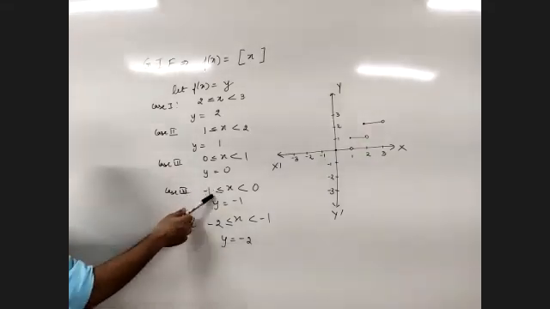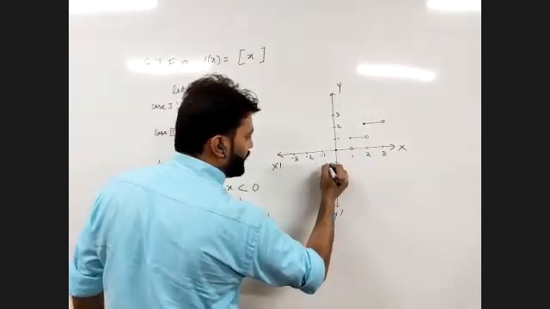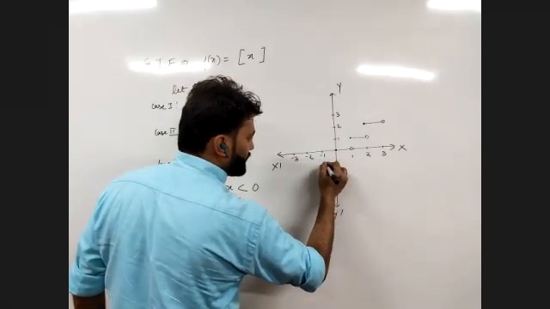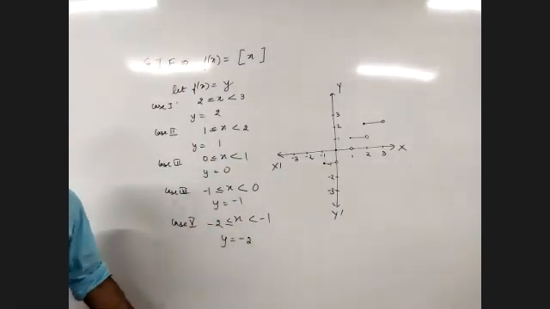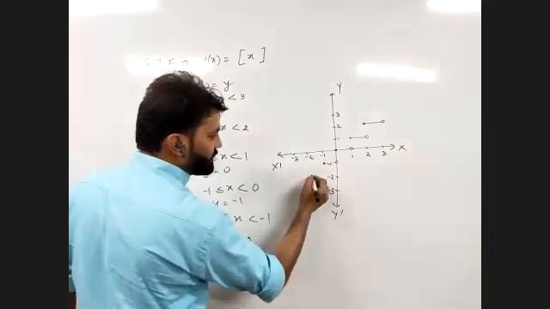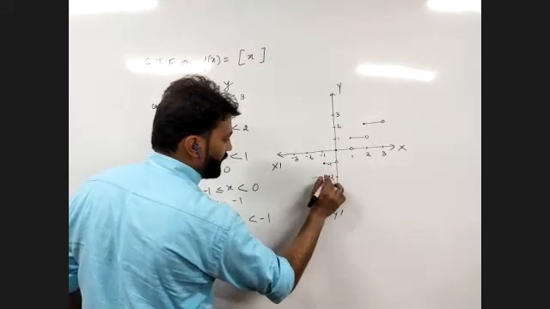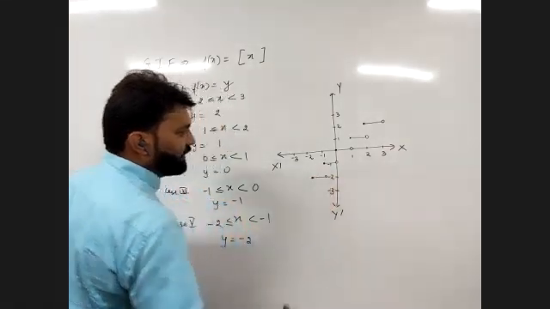Between -1 to 0, it is -1. Again, same thing. Between -2 to -1, it is -2. And again, empty at -1, filled at -2.